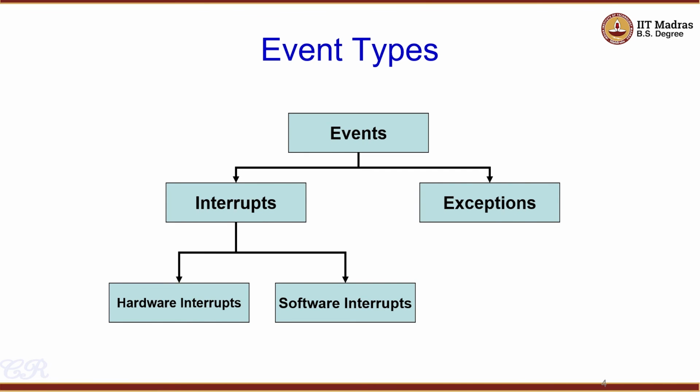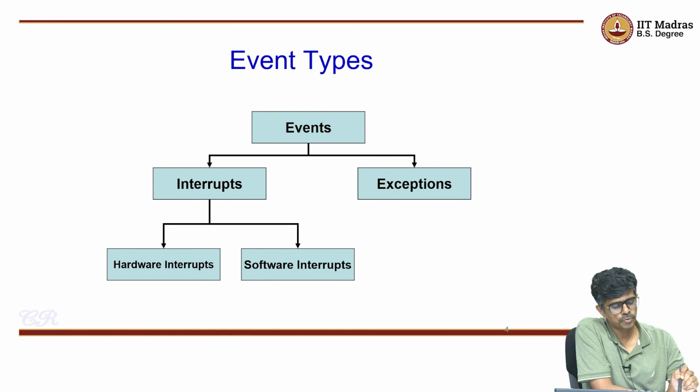Okay. Now, very broadly, we've discussed that events are of two types. It could be either interrupts or it could be exceptions, right? Interrupts are either hardware interrupts or they are software interrupts like system calls. Hardware interrupts are interrupts originating from external devices like keyboards, mouse, network cards, hard disks, and so on.